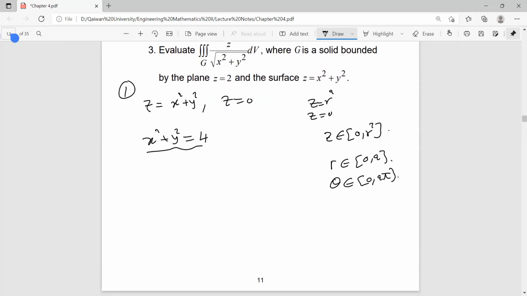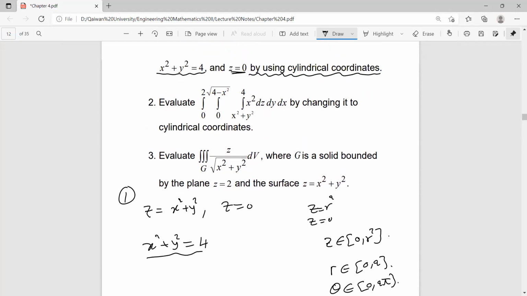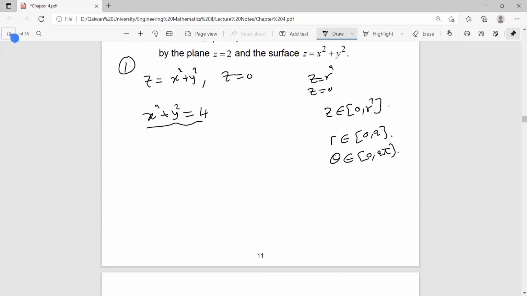So the volume V equals the triple integration of r dz dr d theta. We always write down r. As before, we said it's r dr d theta in double integration. Here, we always write down r dz dr d theta.